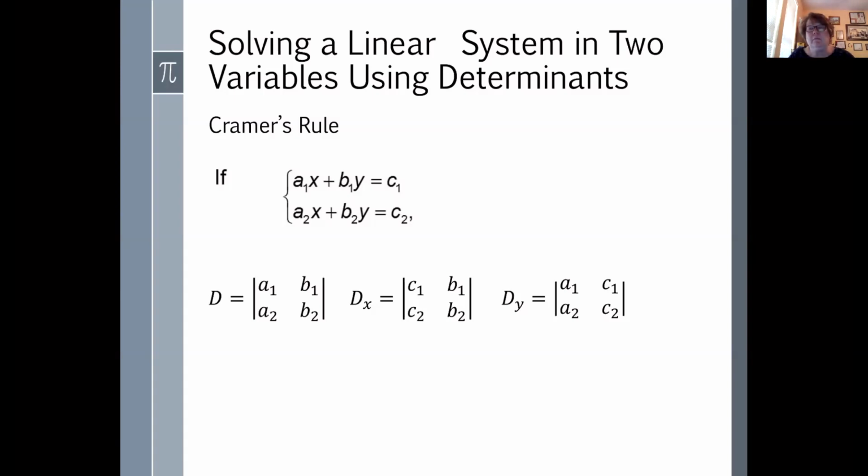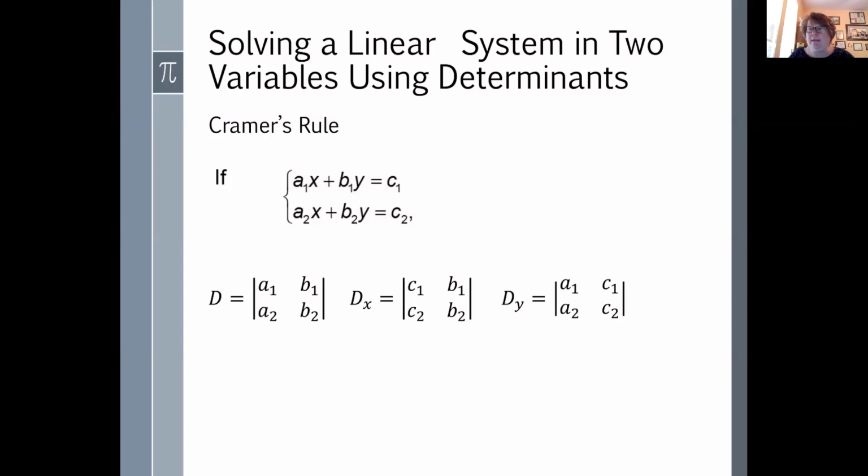D sub x, we're going to label that with a subscript. The determinant D sub x is the determinant of the matrix formed by replacing the x column with the constants. So C1, B1, C2, B2. D sub y, that determinant is the determinant of the matrix formed by replacing the y column with the constants.